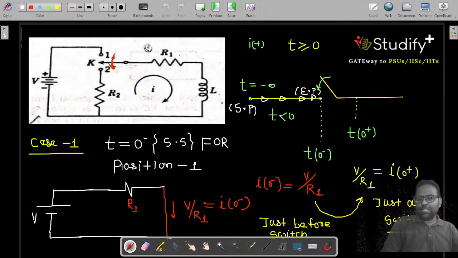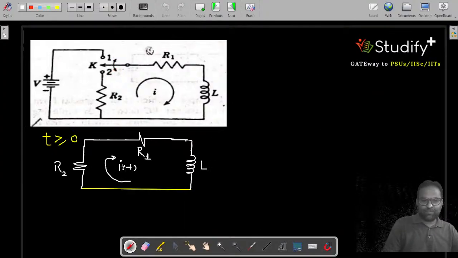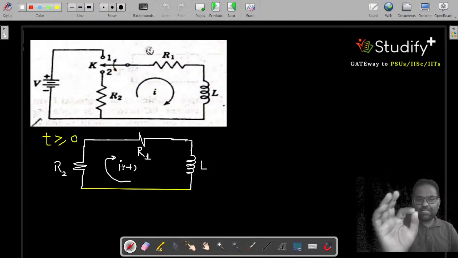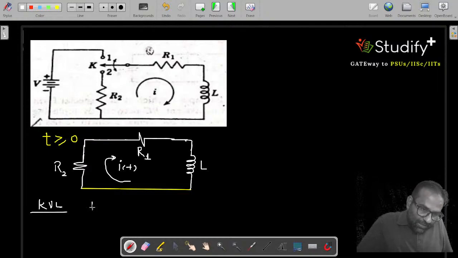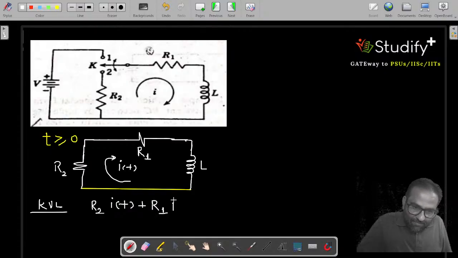If you are able to reach I0 plus, we are not interested in the circuit for t0 minus, just before switching. We are only interested in the circuit for t0 plus. So if I apply the KVL here, this is R2 times IT, then you have R1 times IT plus L dIT by dt.